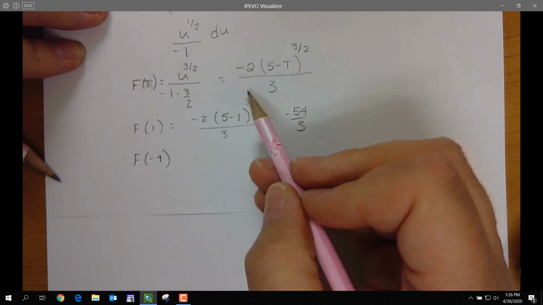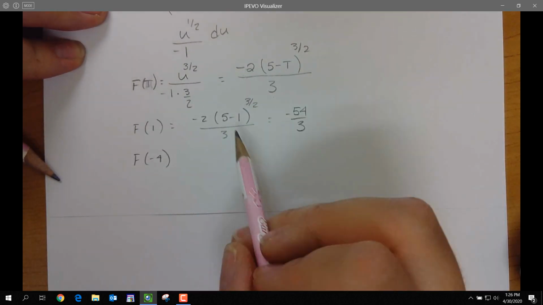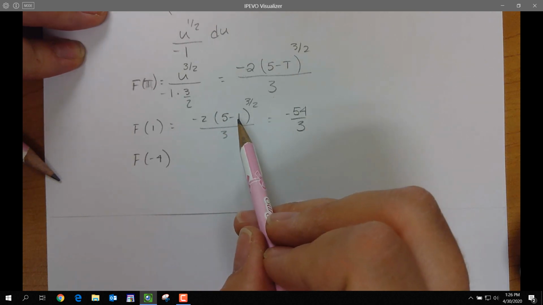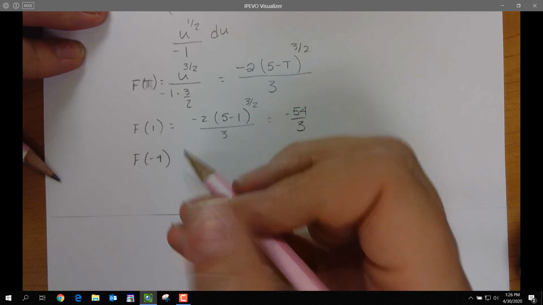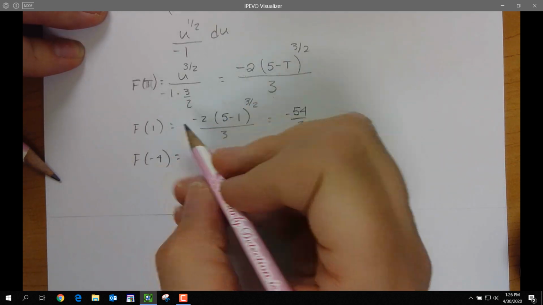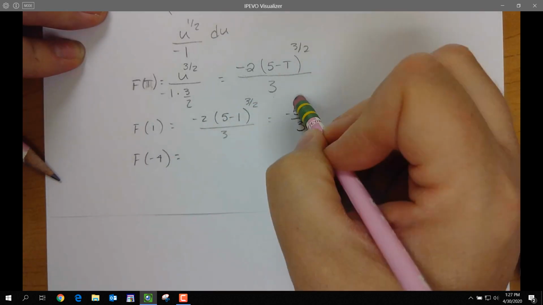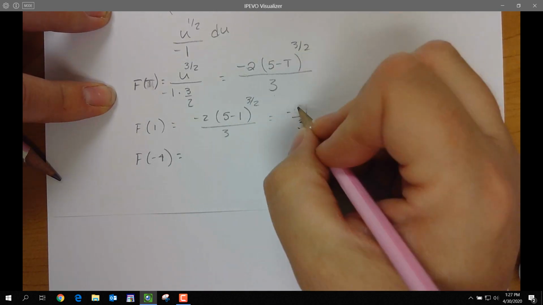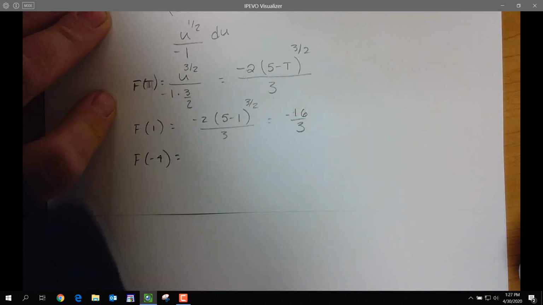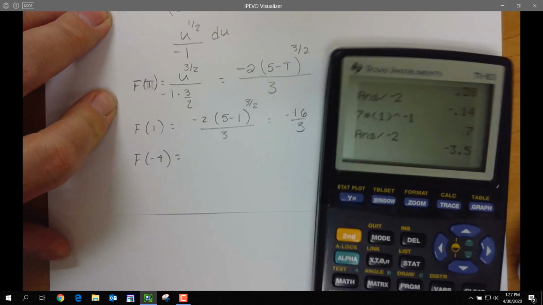Okay, and you could put in a fraction like this. I mean, it really is this to the third square rooted, but you can put it in just like you see it. So the negative 4, oops, this is 16. I wrote the wrong one. I should calculate it on my calculator and make sure, because I can.